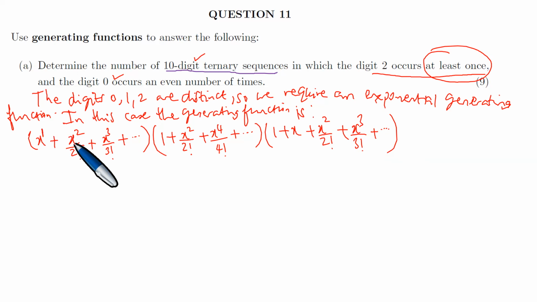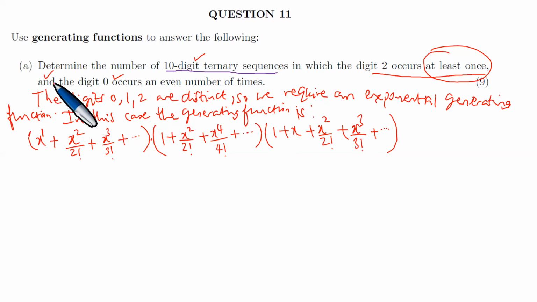So it can be those particular cases. You note that. Also, "and" means you multiply, because you said that digit 2 occurs at least once, so you put times.